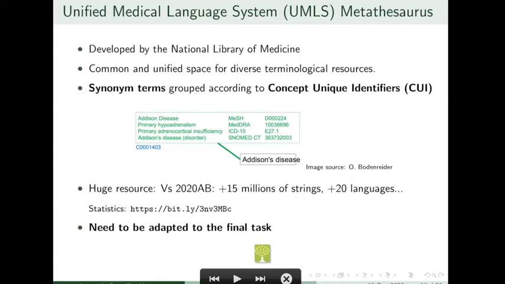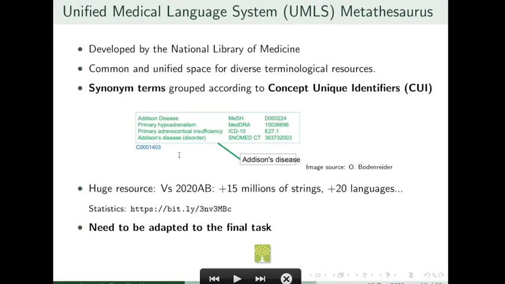So, in the image, the concept referring to Addison's disease has assigned a code, C0001403, and this code allows grouping the different term variants in each terminological source, from MeSH, ICD-10, etc.